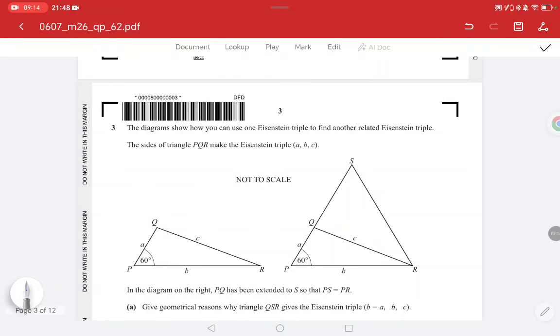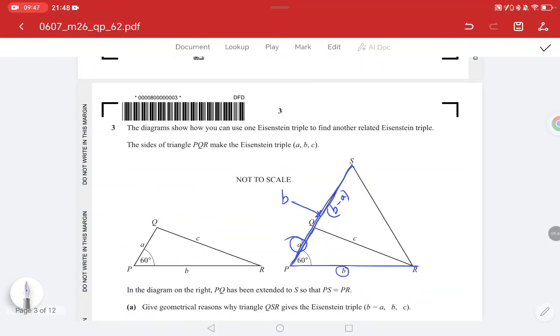So all of this PS equals PR. PR is B, right? So it means PS also equals B. If this one is B and PQ is A, then this QS, all of this, is B minus A.